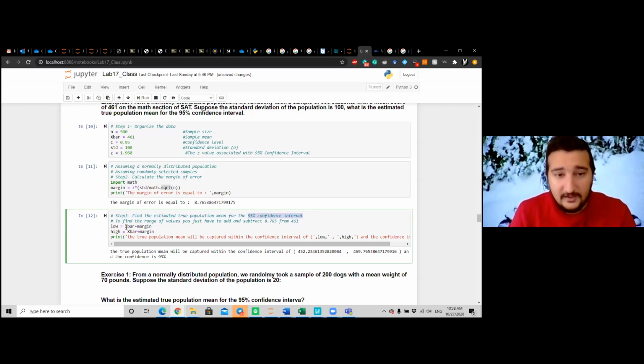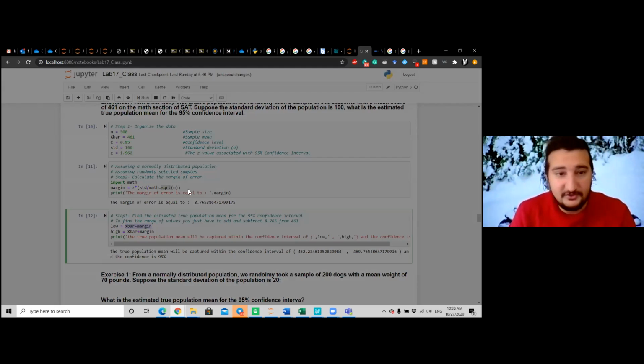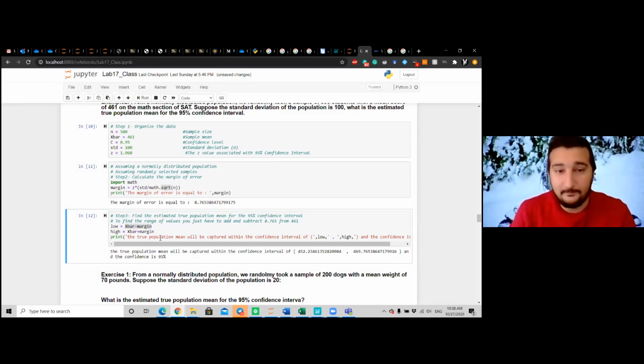So your low will be X bar minus margin, your high will be X bar plus margin, and you can print something like this and say the true population mean will be captured within the confidence interval of 452.23 and 469.76, and the confidence is 95%.